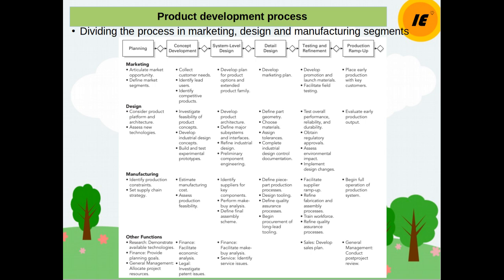But initially in the first two stages, concept development and system level design, a different group will be there, and maybe there will be overlap also. And in the end stage, production ramp up, there will be dedicated engineers, and they will perform design related responsibilities.